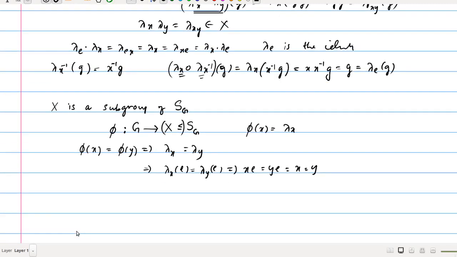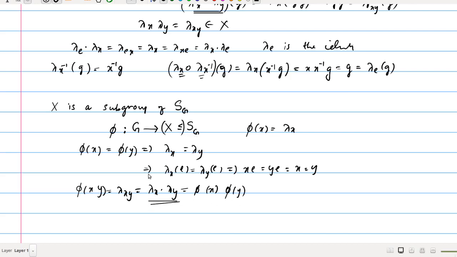And we can easily get that this is a homomorphism, because φ(xy) is in fact λ_(xy). We already proved that λ_(xy) is equal to λ_x times λ_y. So this is equal to φ(x) times φ(y). So you need not worry about the onto-ness.